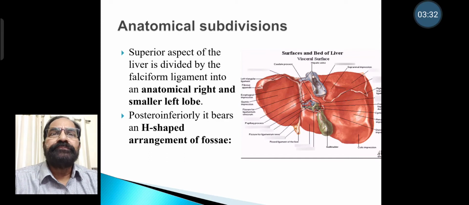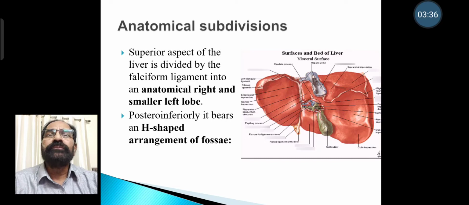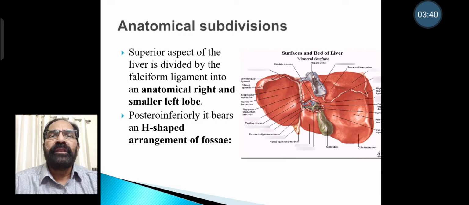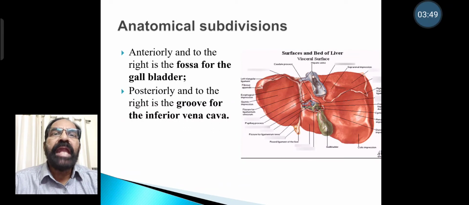Anatomical subdivisions. The superior aspect of the liver is divided by falciform ligament into anatomical right and left lobes. On the visceral surface or posterior-inferiorly, it bears an H-shaped arrangement of fossae. Anteriorly and to the right is the fossa for gallbladder.